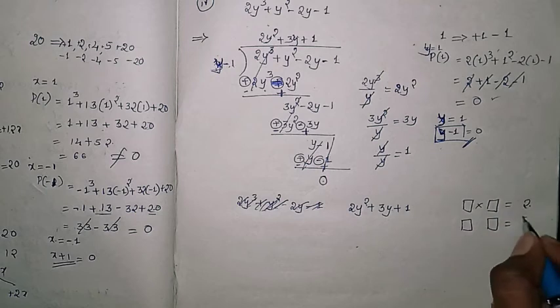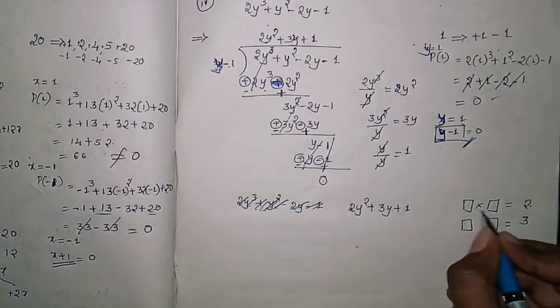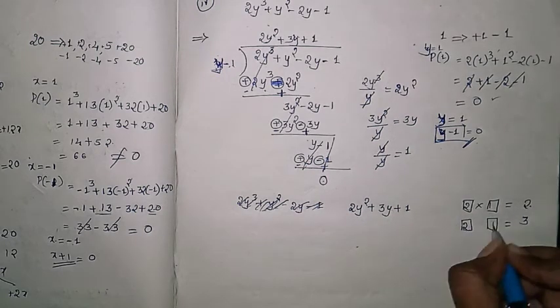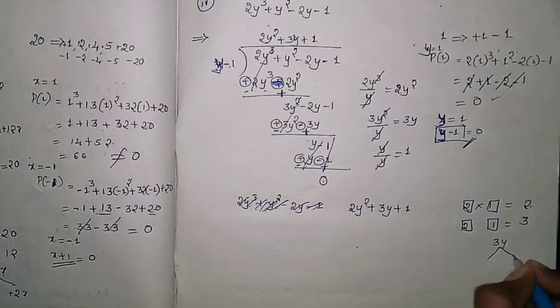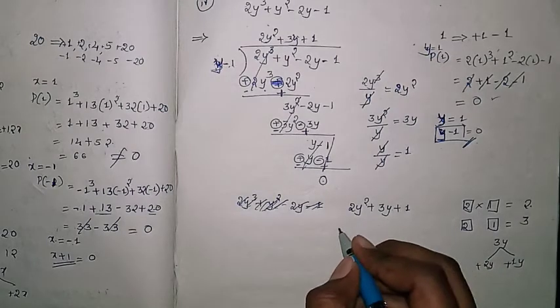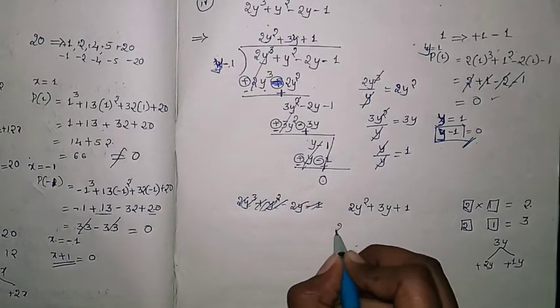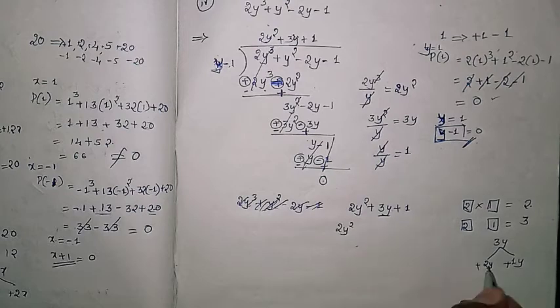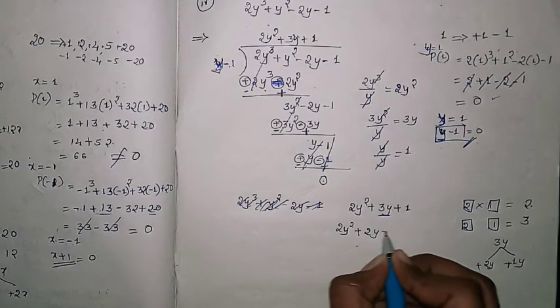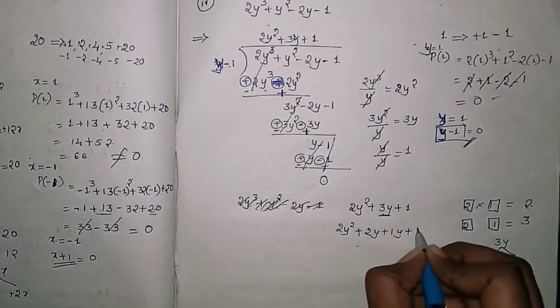So that is 3. So 2 ones are 2 you can do, and 2 plus 1. So 3y can be split as 2y and 1y. So positive and positive. So you can now factorize the term. So 2y square, 3y can be split as plus 2y plus 1y plus 1.